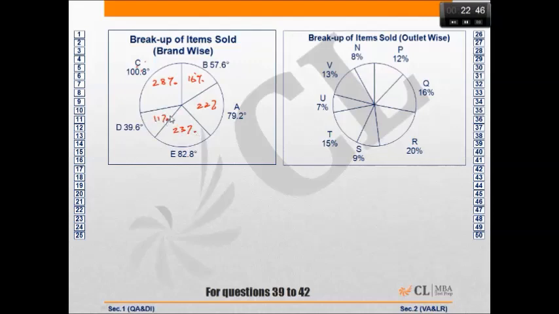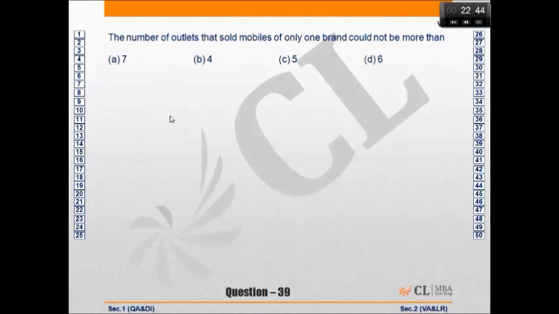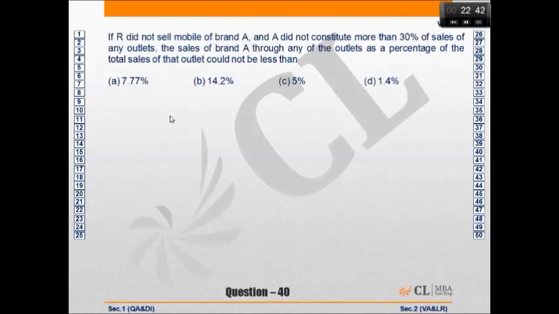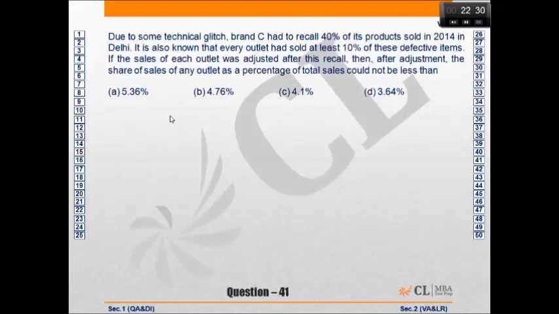The number of outlets that sold mobile of only one brand could not be more than. R did not sell mobile brand A. A did not constitute more than 30% of sales of any outlet. Sales of brand A may be any. Okay, this one will need some calculation, but the good thing is the choices are not closed. C has to recall 40% of products in 2014.